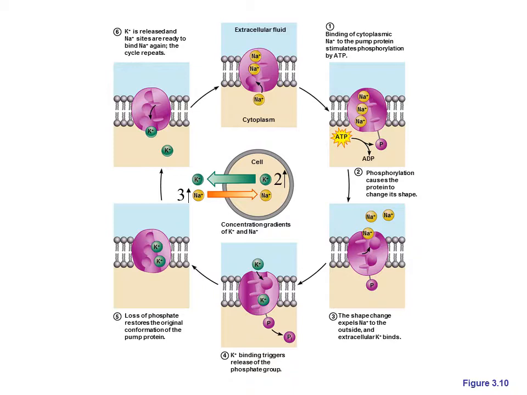So 3 sodium moved from the ICF to the ECF, while 2 potassium moved from the ECF to the ICF. This occurred simultaneously, so which type of active transport is that?